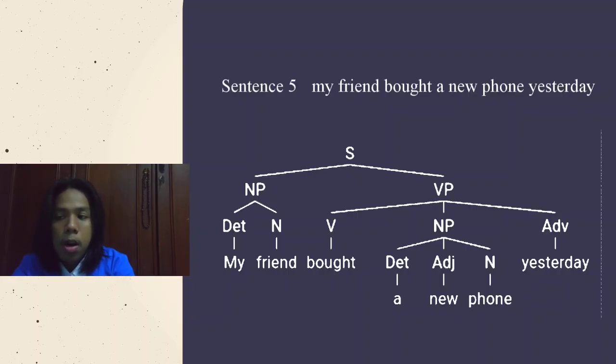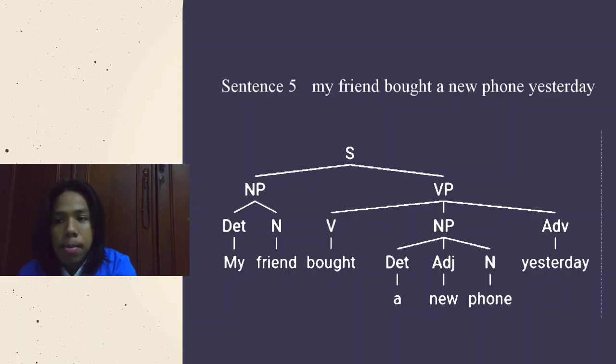Some people may call it a possessive adjective, but we call it a possessive determiner. So the noun phrase consists of possessive determiner "my" and noun "friend." And the verb phrase is "bought a new phone yesterday."